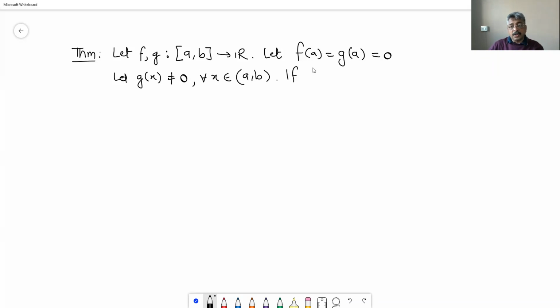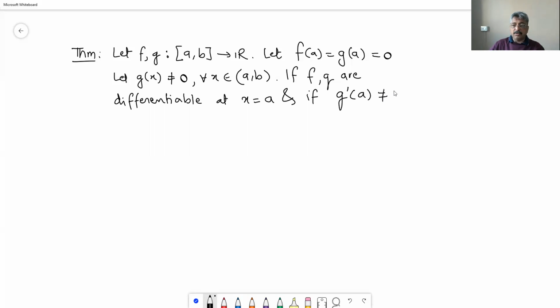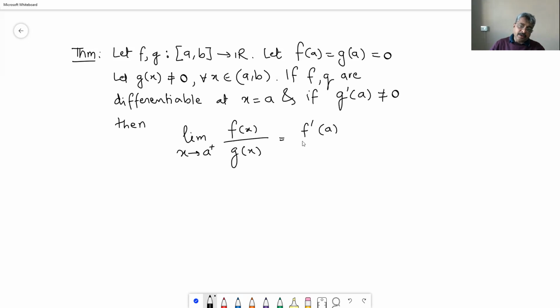If f, g are differentiable at x is equal to a, and if g dash of a is not equal to 0, then limit as x tends to a plus of f of x upon g of x is equal to f dash of a upon g dash of a.